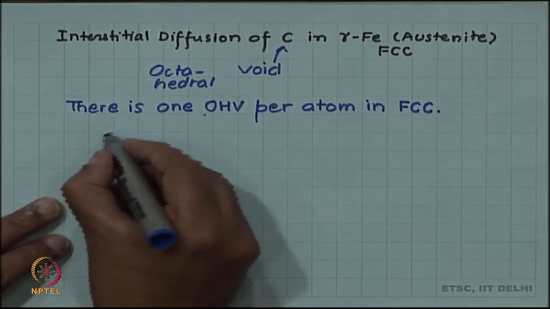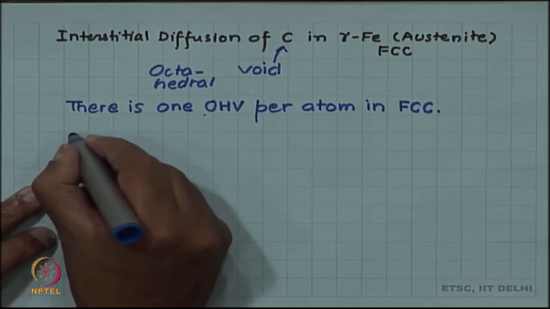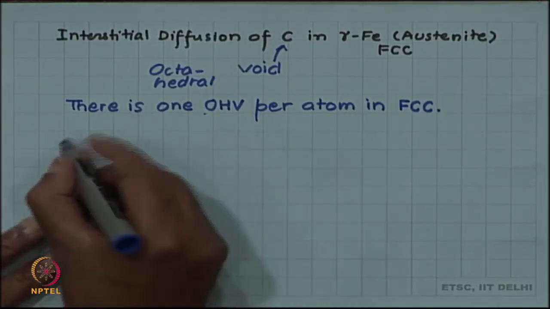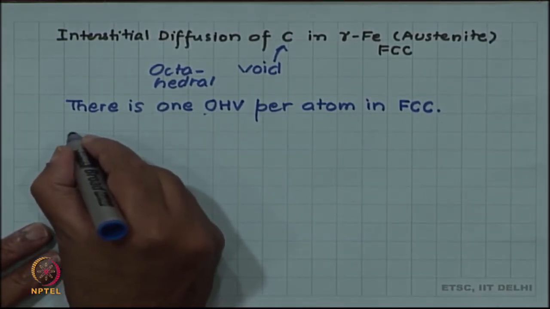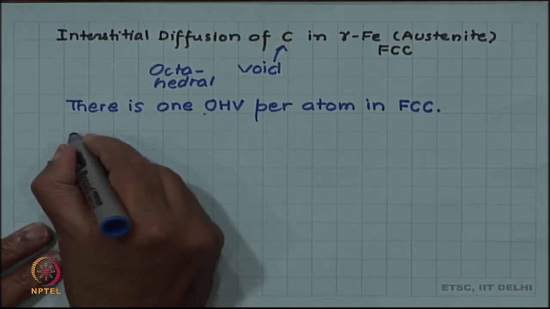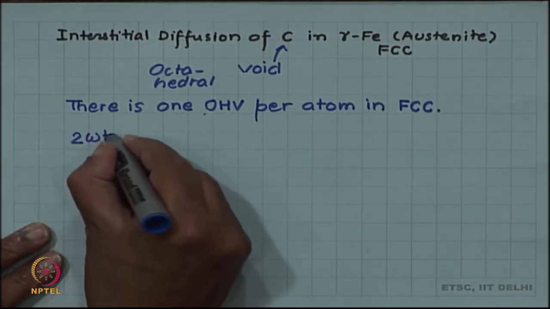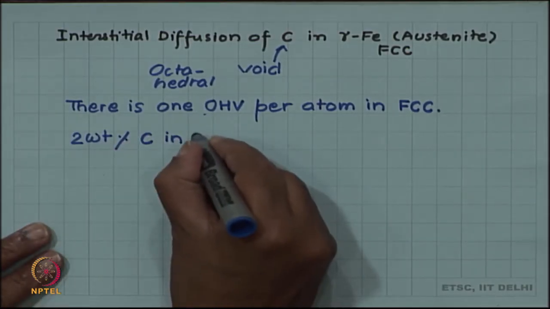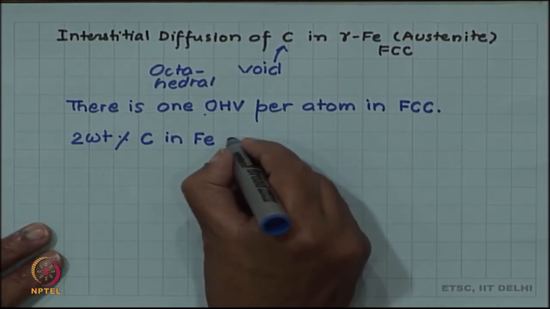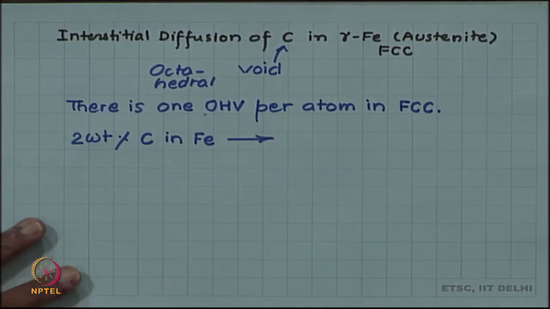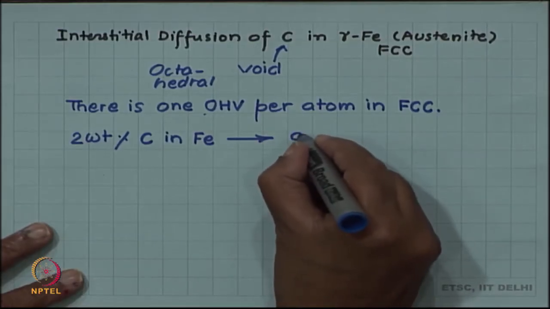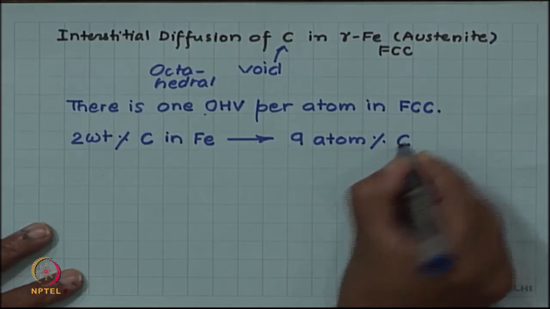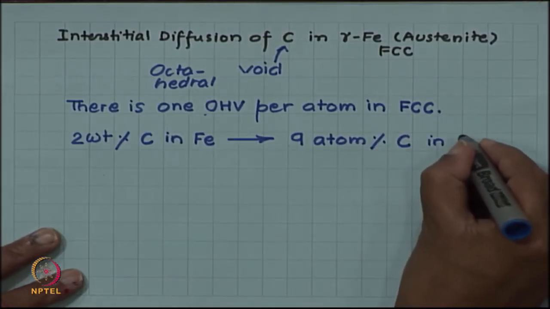Now, we also saw in the phase diagram that the maximum amount of solute which you can put in gamma iron is about 2 weight%. So, let us consider that particular case. So, 2 weight% carbon in iron, if you calculate this in terms of atom percent, you will get around 9 atom percent carbon in iron.